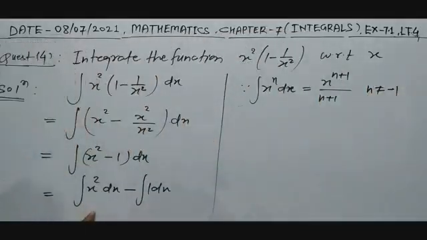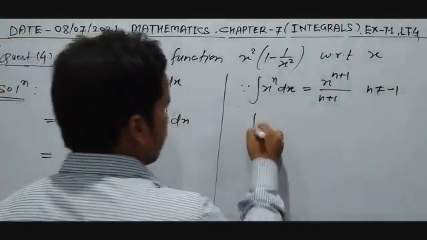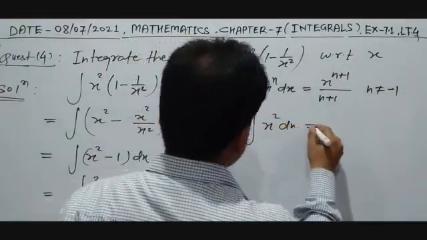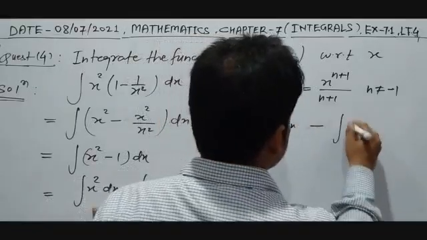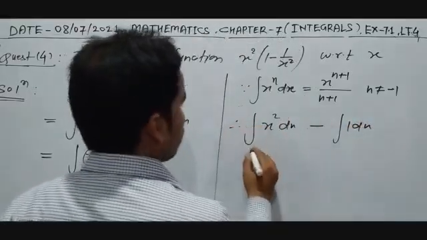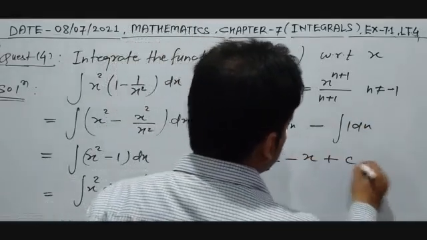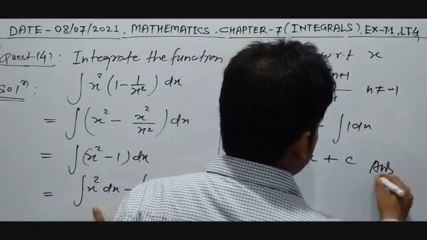So its result will be the integration of x square dx minus the integration of 1 dx. This result will be x cube by 3 minus x plus c. This will be the answer.